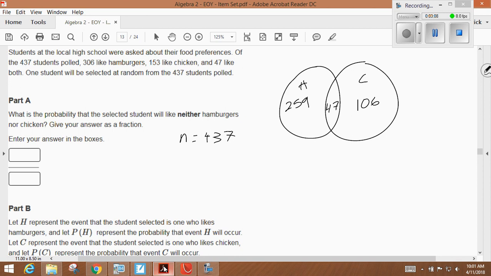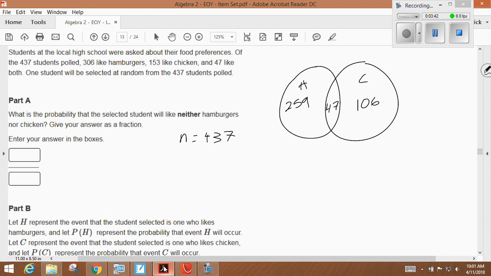Did you subtract 47 from 306, and then you subtracted 153? Yeah, this one's 47 from 153 to get 106. Okay. And now it adds up, right? My total people who like hamburgers adds up to 306. My total number of people that like chicken now adds up to 153. That's what I need.